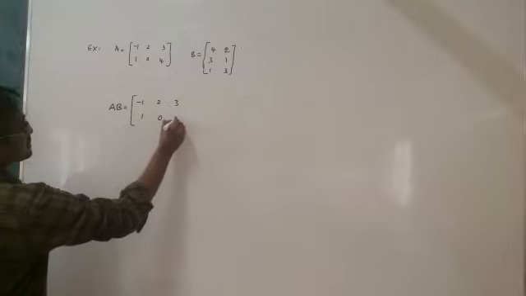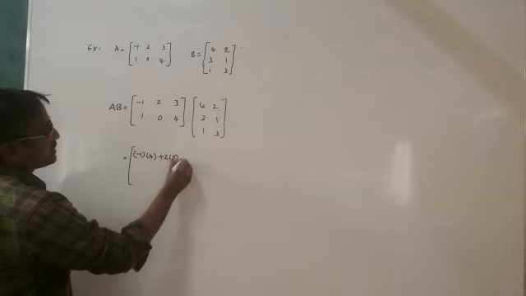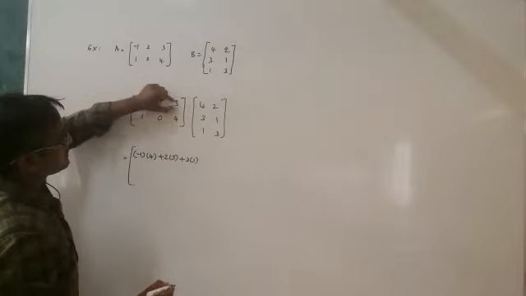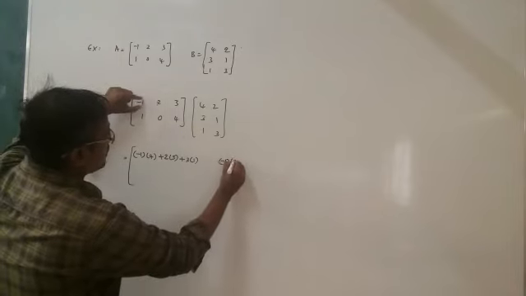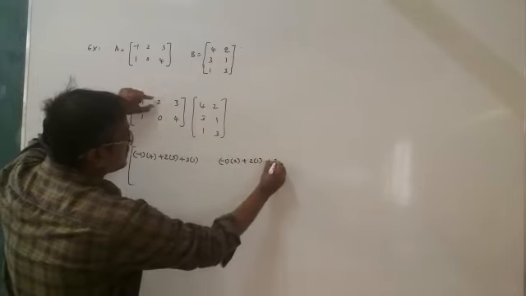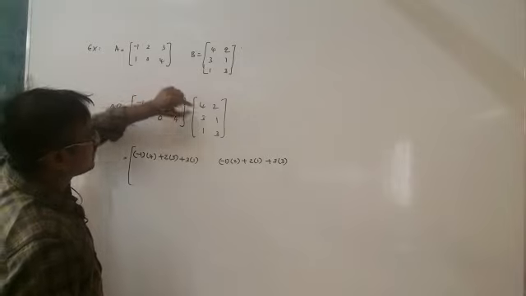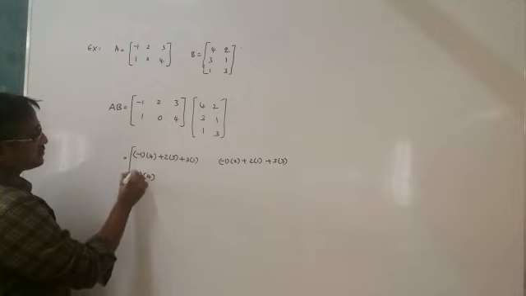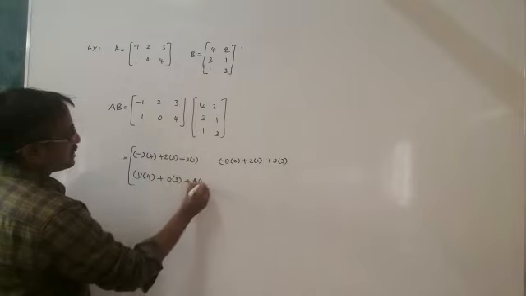-1, 2, 3, 1, 0, 4 into matrix 4, 2, 3, 1, 1, 3. First row into first column: -1 into 4 plus 2 into 3 plus 3 into 1. Again first row into second column: -1 into 2 plus 2 into 1 plus 3 into 3. Now second row into first column: 1 into 4 plus 0 into 3 plus 4 into 1.